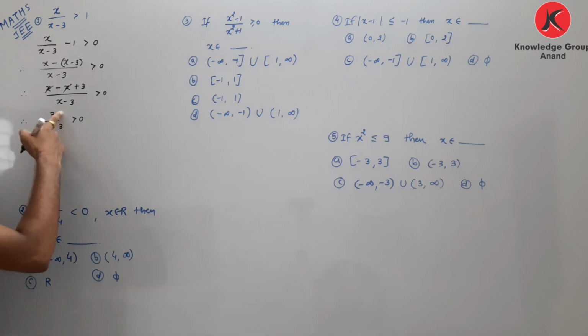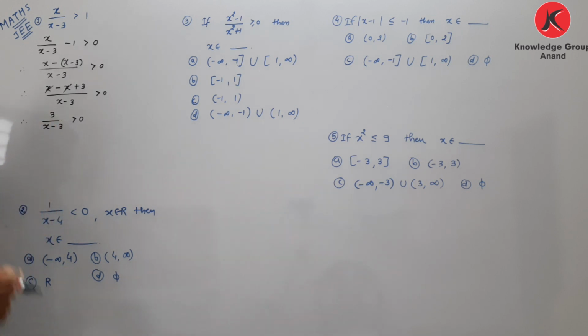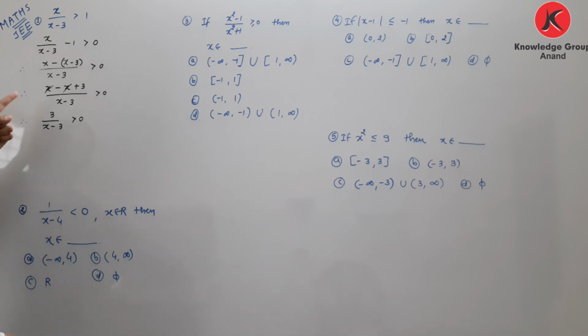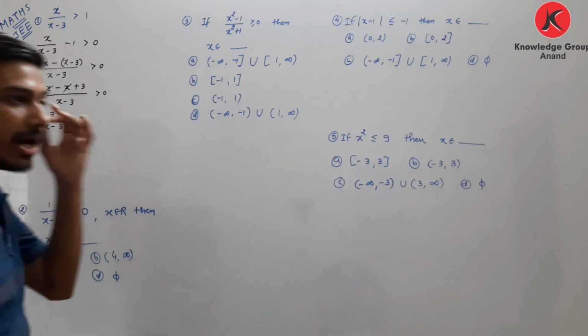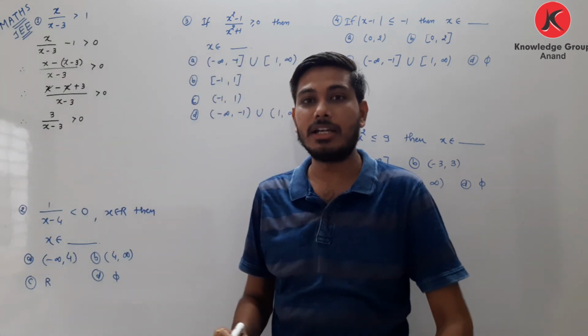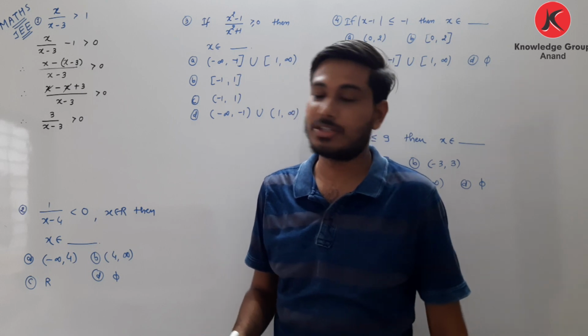Here 3 is always a positive term. If we want this ratio to be greater than 0, then the denominator must be positive, because the numerator is already positive. So positive divided by positive, then the ratio will be positive. Otherwise, it will change.